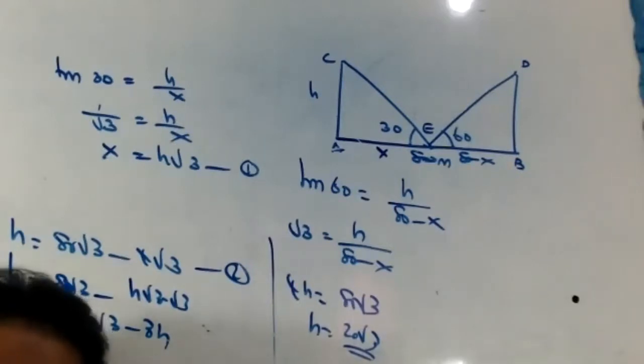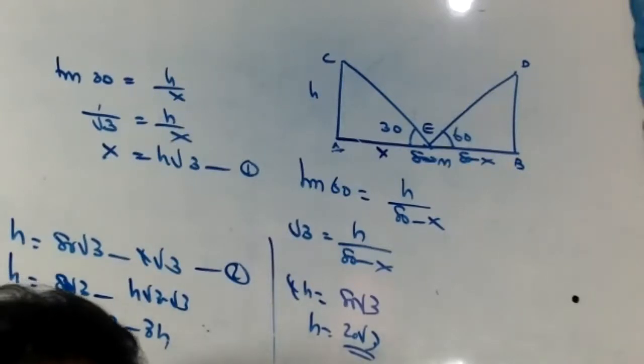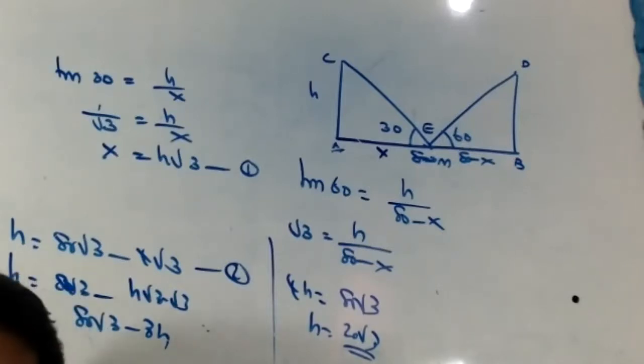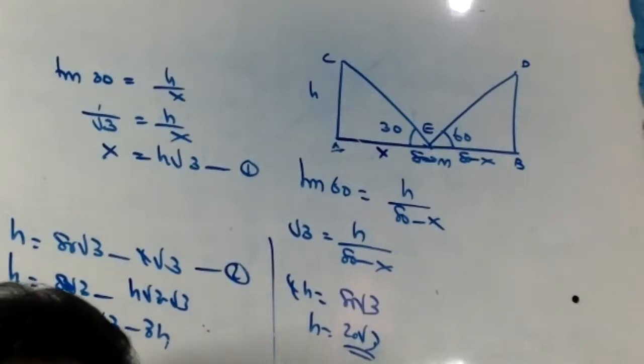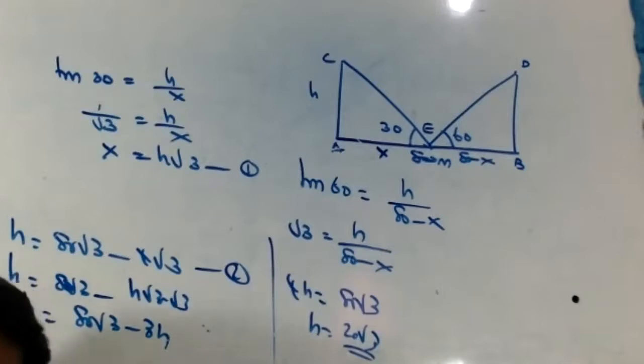From the top of a 7-meter high building, the angle of elevation of the top of a cable tower is 60 degrees. Cable tower means higher than this. And the angle of depression of its foot is 45 degrees.